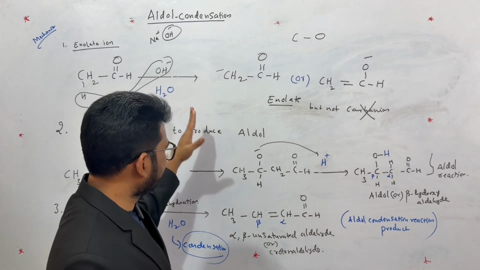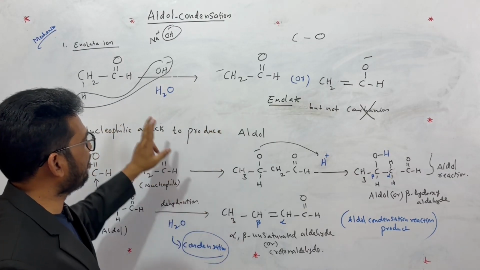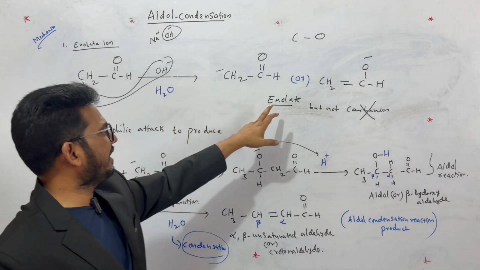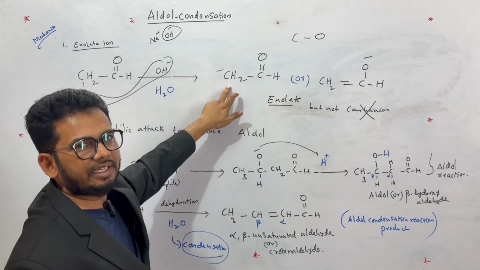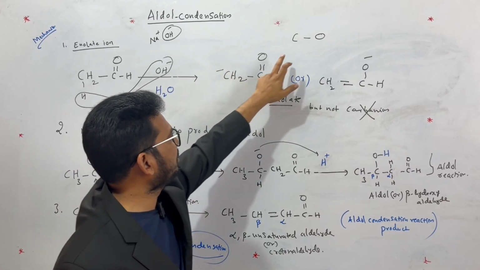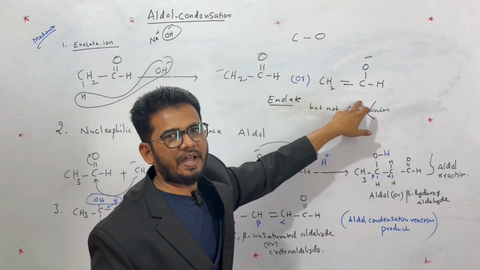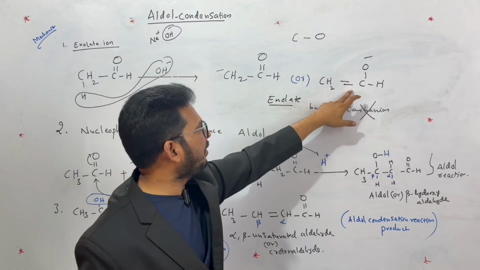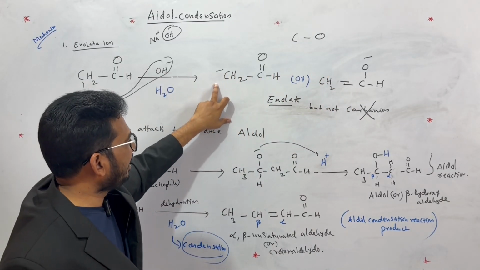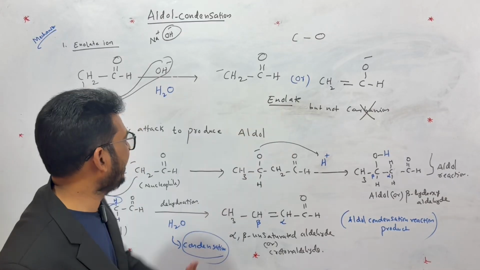The reaction mechanism is very simple. Initially it produces the enolate. It is not called a carbanion, because, as I already told, the negative charge is shared between carbon and oxygen. That's why it is called the enolate ion.